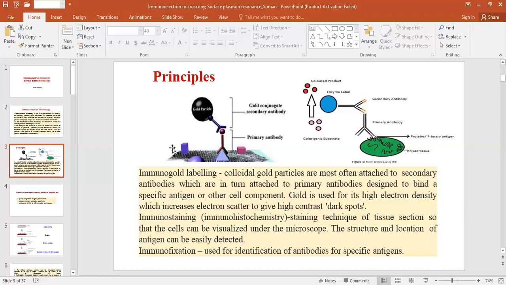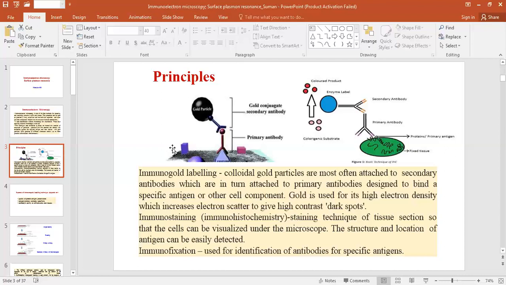And before that, when we are coating the carbon coated copper grid with the antigen solution, after that we must use some blocking agent as we use in the immunofluorescent technique, only to restrict nonspecific attachment of the primary antibody.